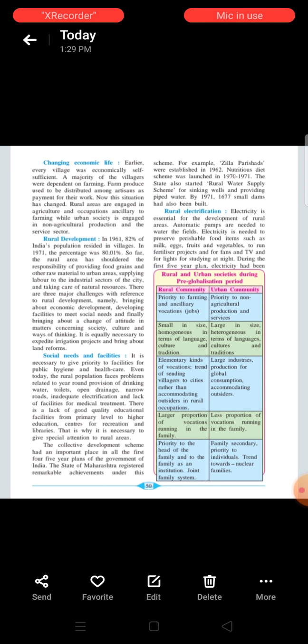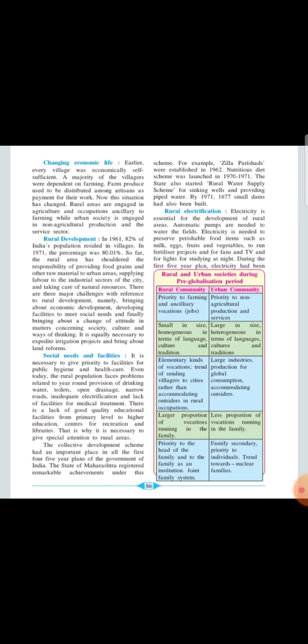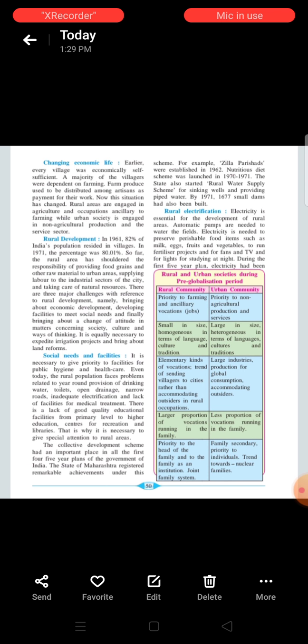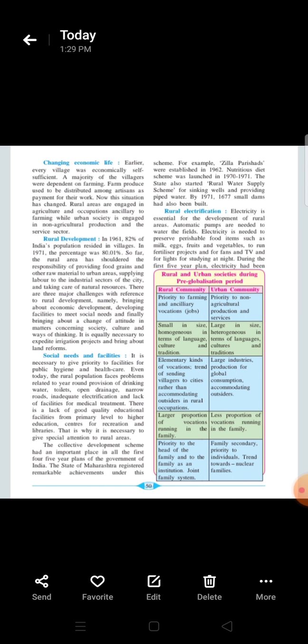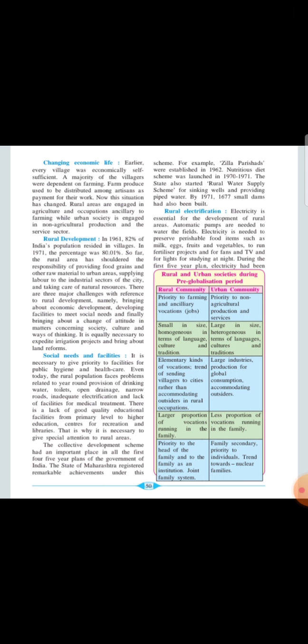There is a lack of good quality educational facilities from primary level to higher education, centers for recreation, and libraries. That is why it is necessary to give special attention to the rural areas.